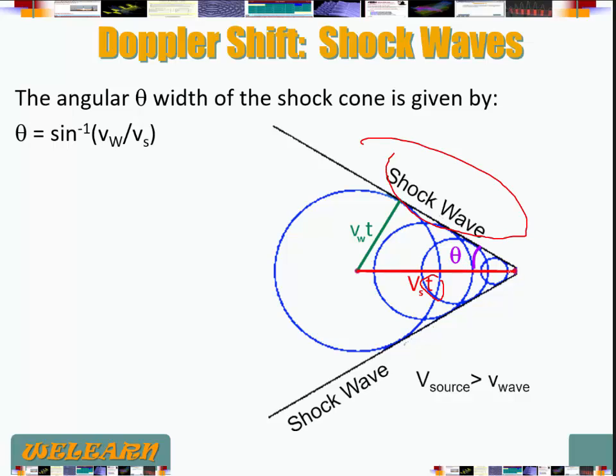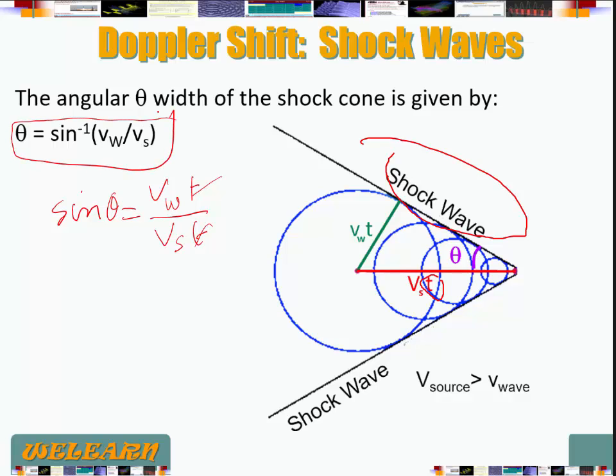Now that angle, since this side is the largest side of that right angle triangle, so this side is the hypotenuse, this side is the opposite to the angle, so the sine of the angle is given by this: Vwt over Vst. The t's cancel out and we are left with Vw over Vs. So we can get the angle by doing the inverse sine of the ratio of the velocities.